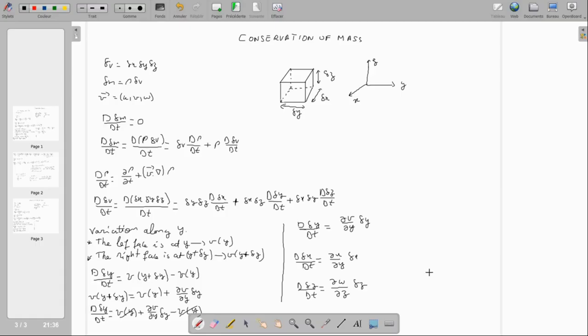So let's now substitute the three derivatives we just found in the material derivative of the volume.